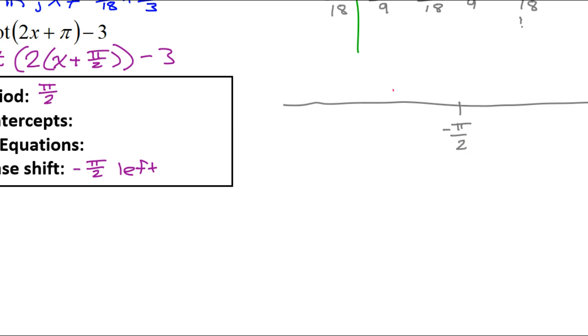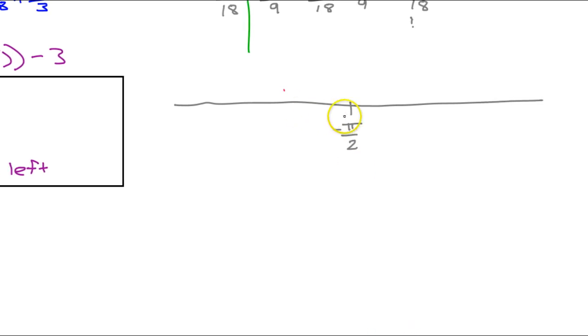Now I'm going to count 4 spaces to the right. That'll be a period, and I'll count 4 spaces to the left. That'll be another period. So here I go. 1, 2, 3, 4 to the right, and 1, 2, 3, 4 to the left.